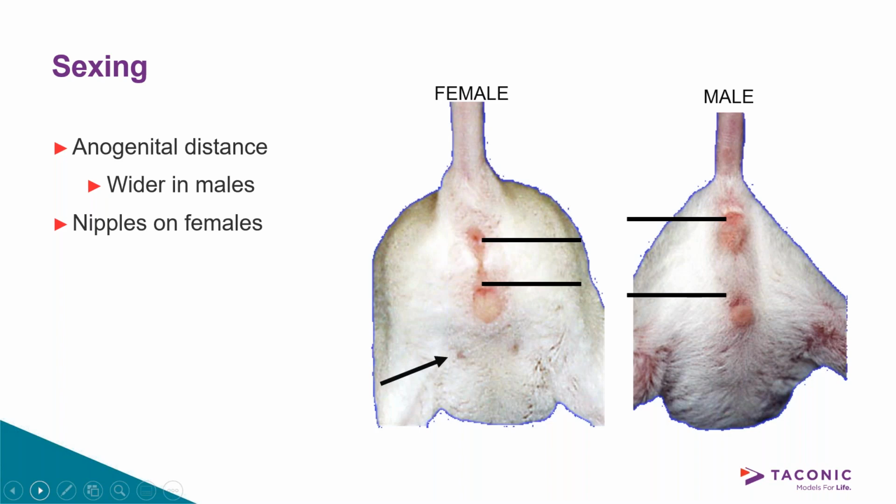So when you pick up a mouse or a rat by the tail, you can actually see them retract the testes. Just because you don't see testicles doesn't mean that it's a female, so we really want to use anogenital distance. The other key indicator in mice and rats is nipples on the female. If you pick up an animal and you see nipples, you know that's a female.